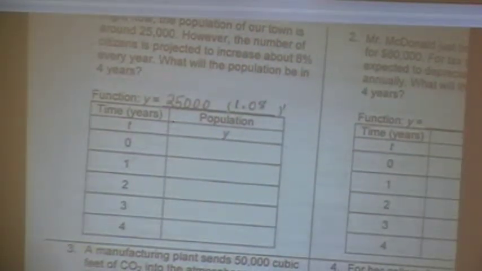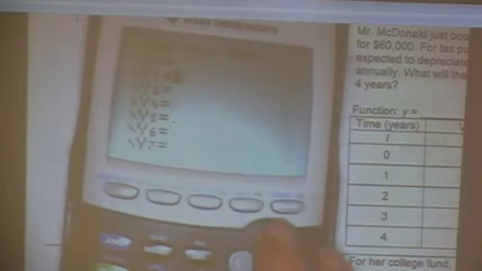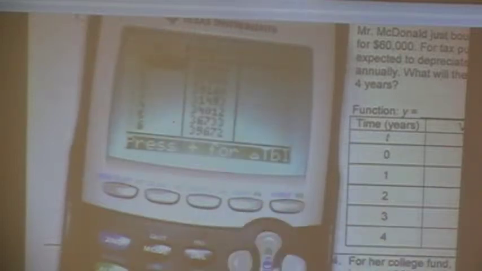So I'm going to go ahead and plug that into my calculator. And then go to my table.